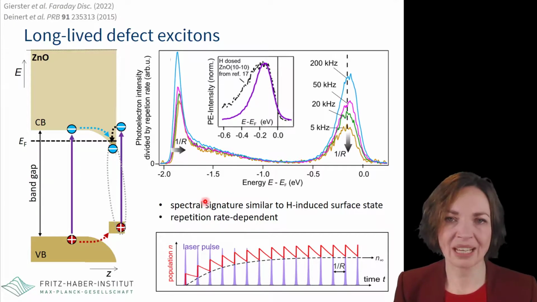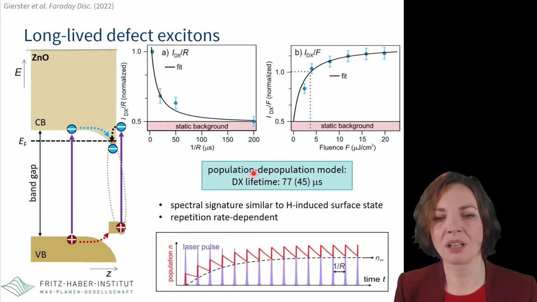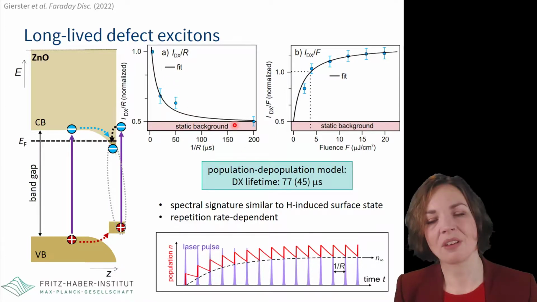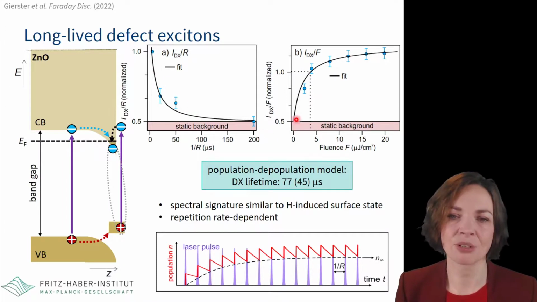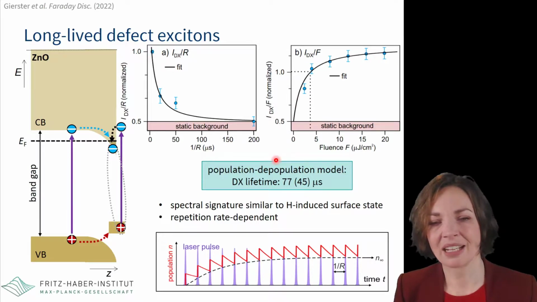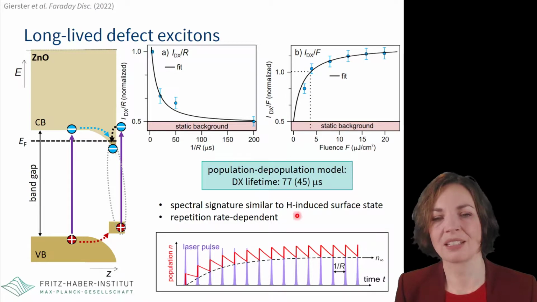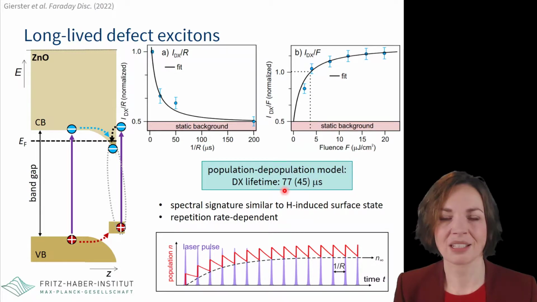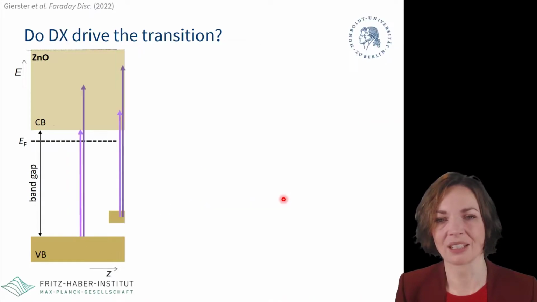We can formulate a complicated model of population and depopulation by the different laser pulses and fit this to the repetition rate dependence and also the fluence dependence of the signal, and then we can extract the lifetime of these defect excitons to be 77 microseconds.